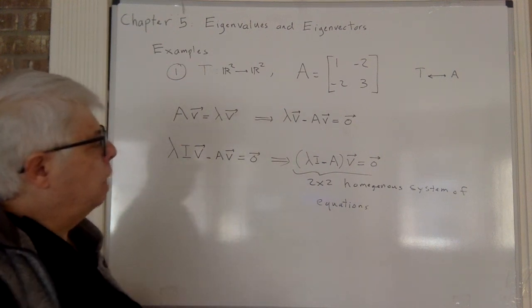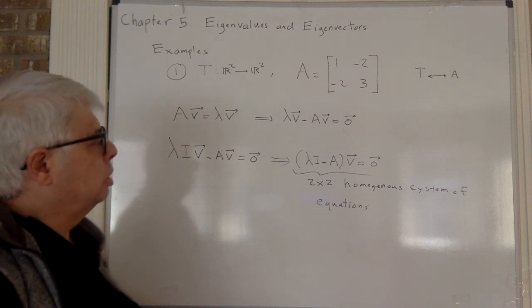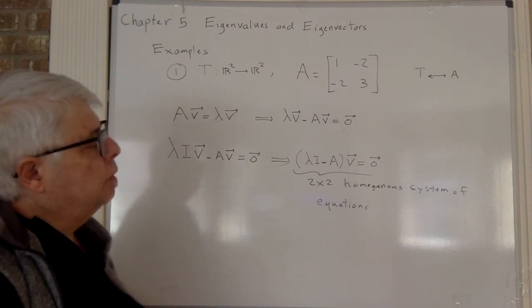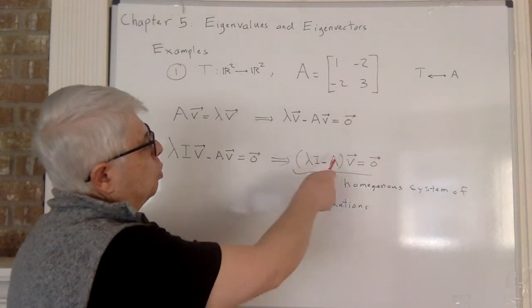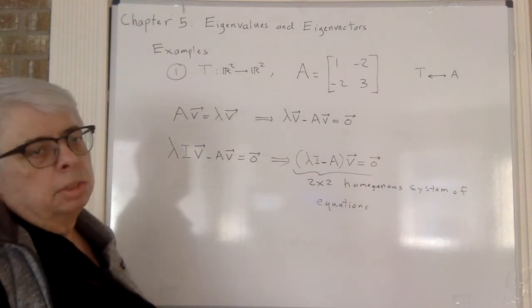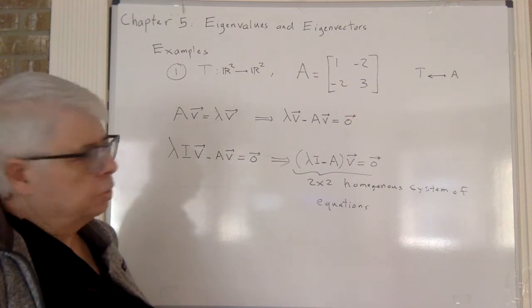Well, if we go back to the theorems that we studied before, the system has only one solution if the determinant of this coefficient is not 0. Okay?